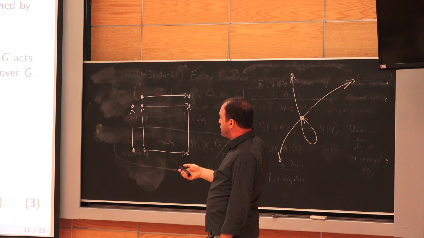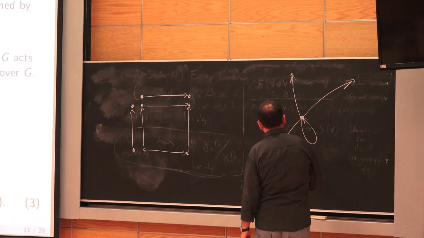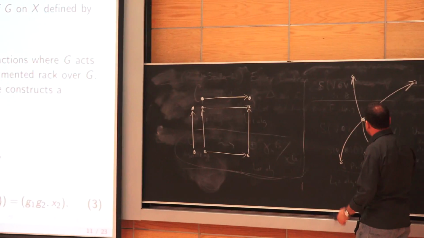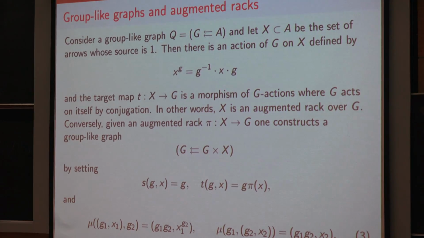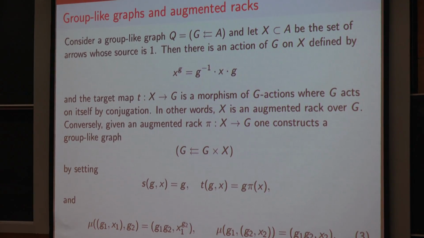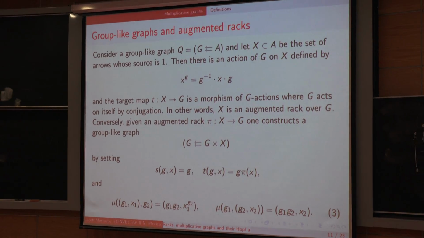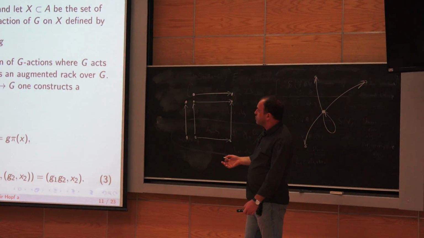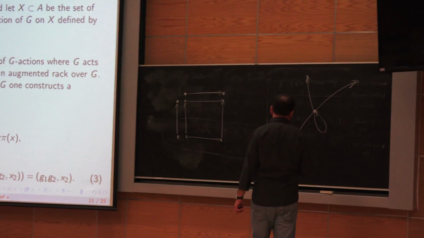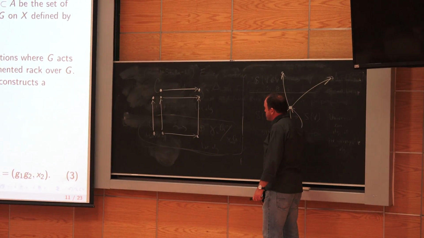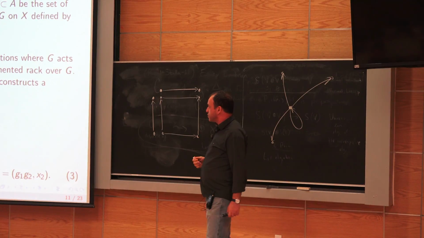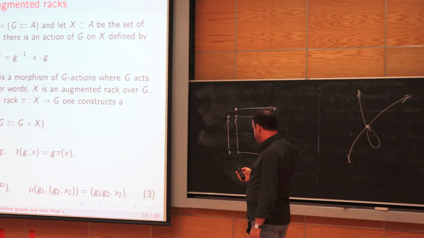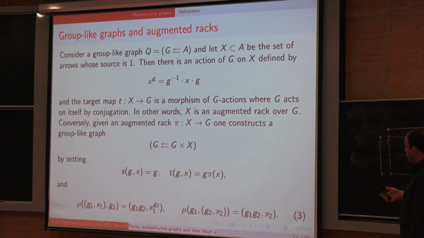Since we have the two-sided action, we can act on the left by G inverse and on the right by G. And since this action is compatible with the source and target maps, it doesn't move the beginning of the arrow. It doesn't move the source. So we have the action of the group of vertices on the set of arrows. And this action is compatible with the target map.